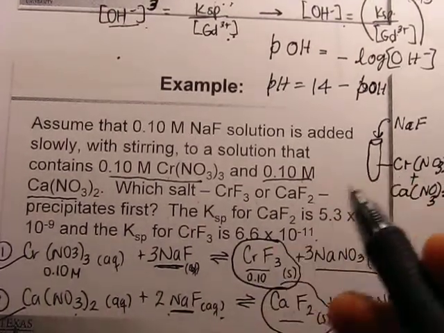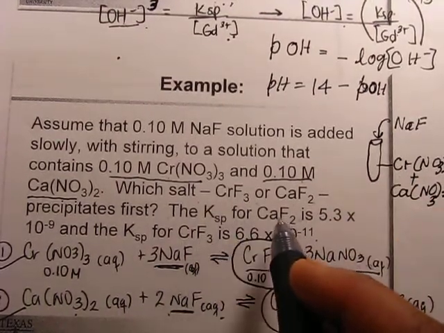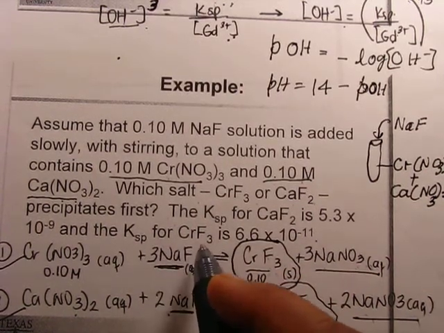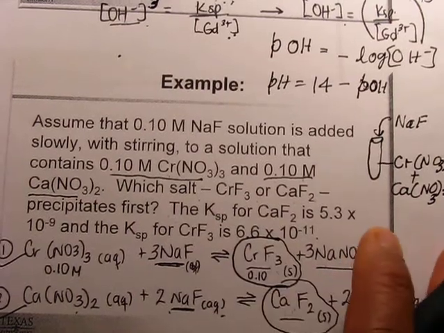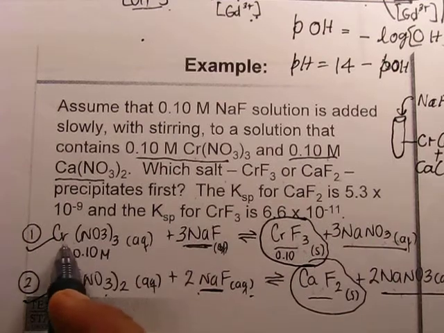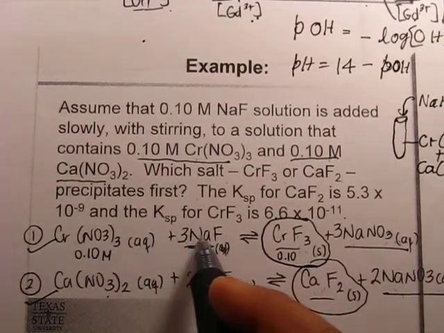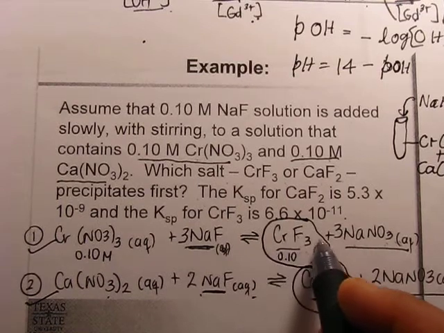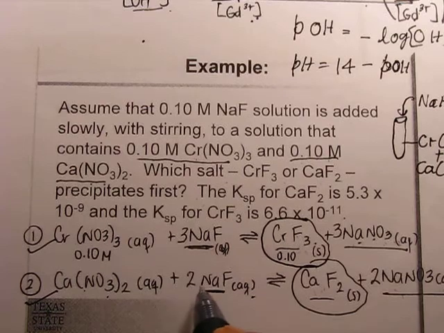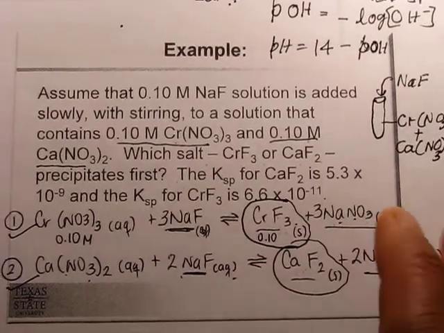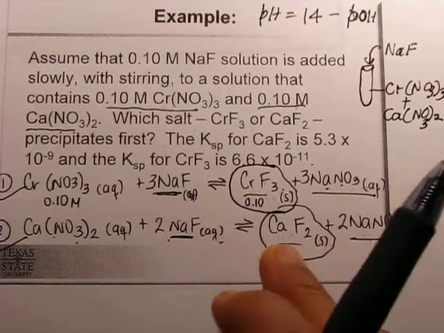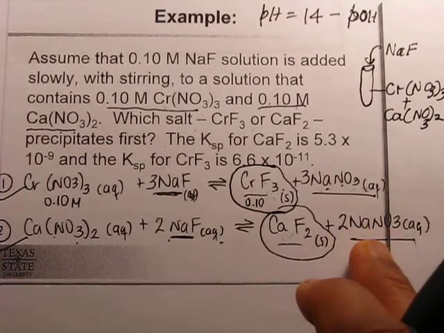So here we are going to compare, and the Ksp for calcium fluoride and the Ksp for chromium fluoride are given. So what will happen? This is again a precipitation reaction and a metathesis reaction. Chromium nitrate will react with sodium fluoride to form chromium fluoride and sodium nitrate, and calcium nitrate will react with sodium fluoride to form calcium difluoride, or we can say calcium fluoride, and sodium nitrate.